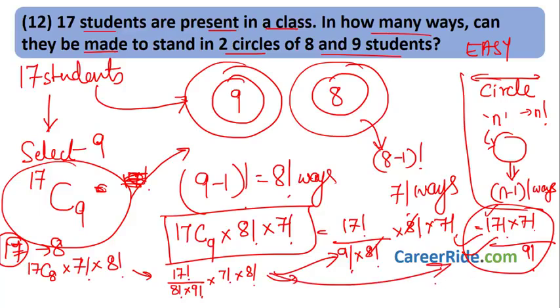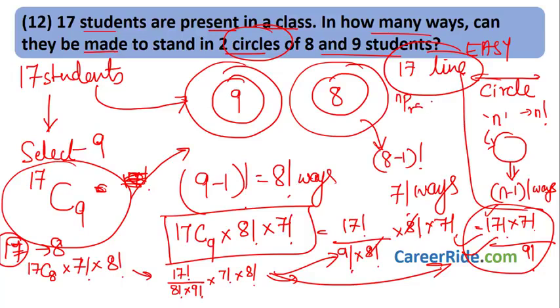Now over here what is happening is that the students have to be arranged in a circle, right? Two circles. Had the students been to arrange, if they say that take 17 students and arrange them in a straight line, you can directly use the permutation formula. What is the permutation formula?